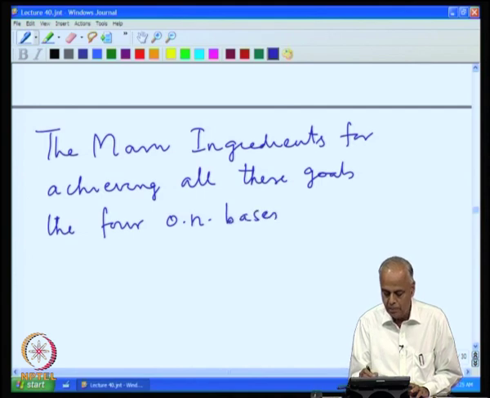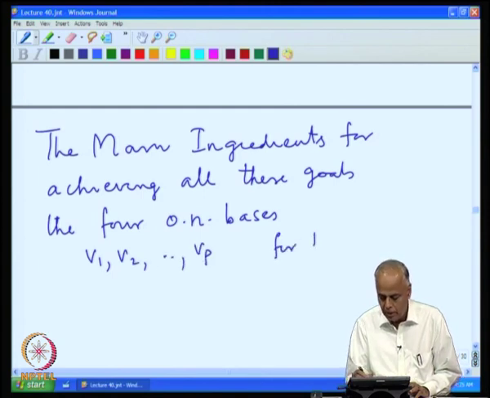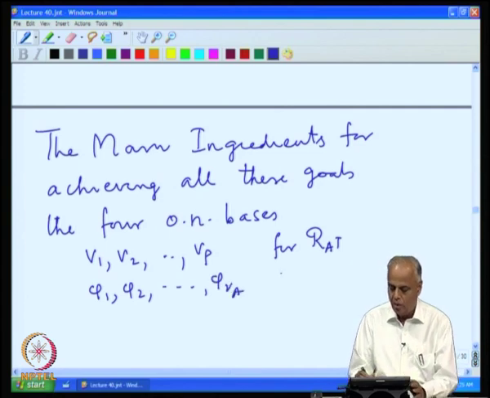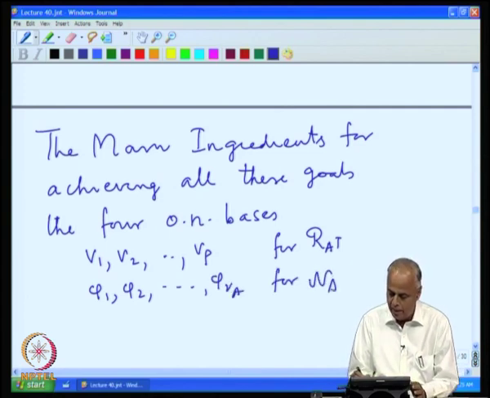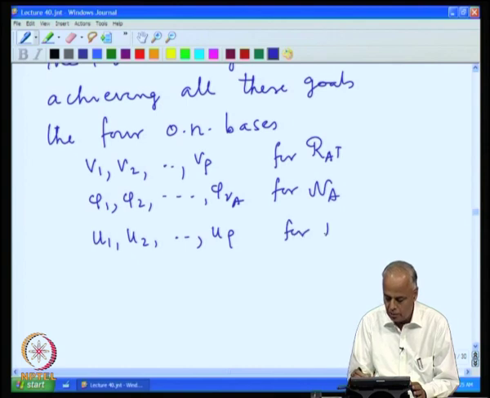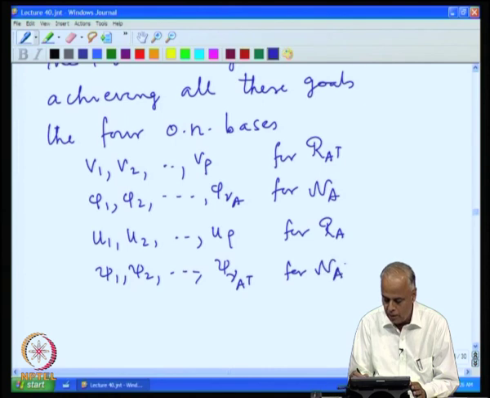orthonormal bases, we will write them down: V1, V2, ..., V rho for the range of A transpose; phi 1, phi 2, ..., phi nu A for the null space of A; u1, u2, ..., u rho for the range of A; psi 1, psi 2, ..., psi nu A transpose for the null space of A transpose.